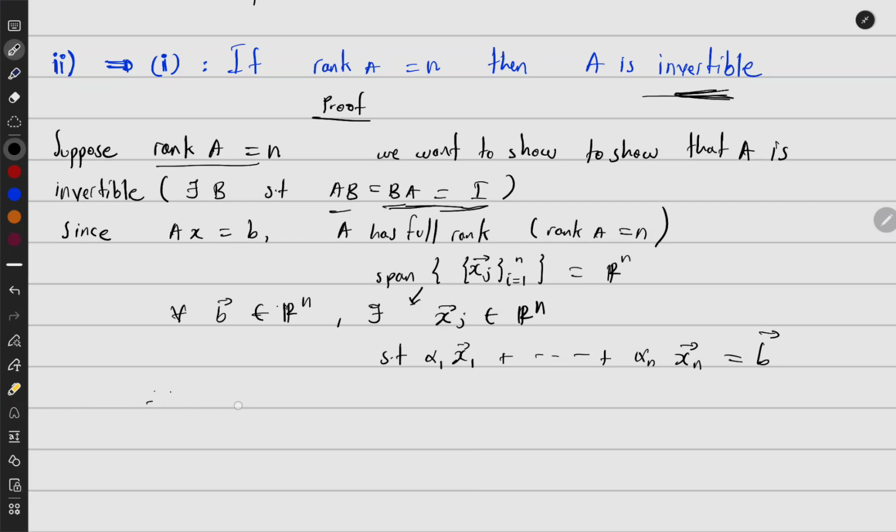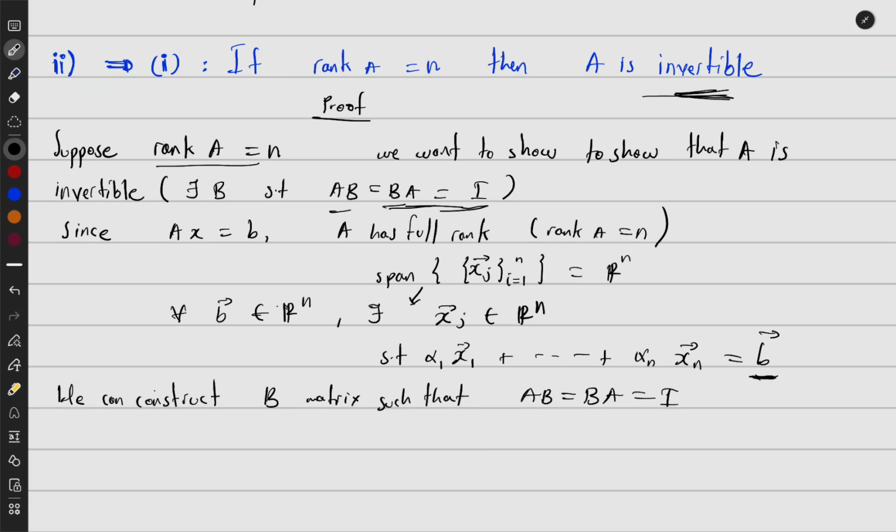So based on this, I've just constructed a column which can be in B. So we can construct matrix B such that AB equals BA equals I.